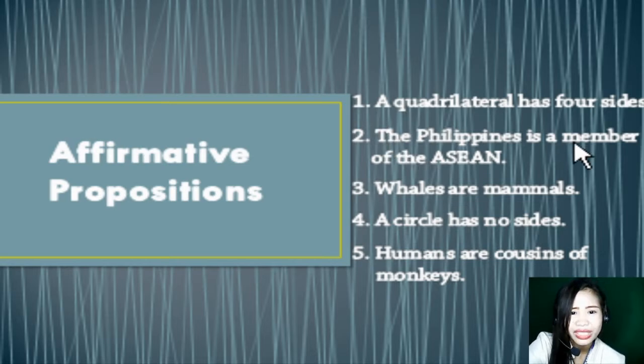The Philippines is a member of the ASEAN, Association of Southeast Asian Nations. Whales are mammals. A circle has no sides. Humans are cousins of monkeys. Those are some examples of affirmative propositions.